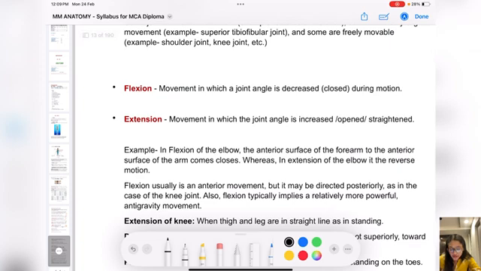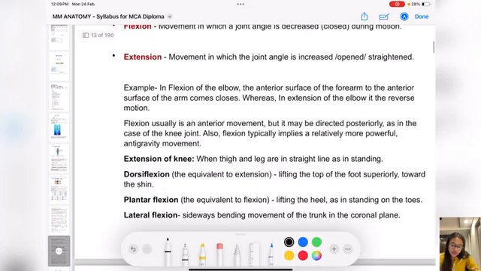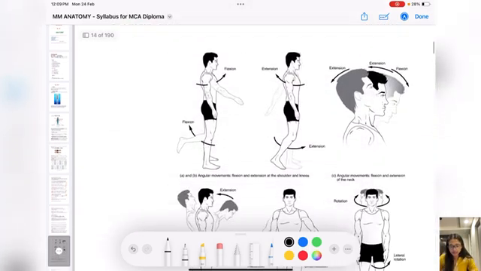Flexion is usually an anterior movement, but it may be directed posteriorly, as in the case of the knee joint. Flexion typically implies a relatively more powerful anti-gravity movement. Extension of the knee, dorsiflexion, all you can see in this diagram.